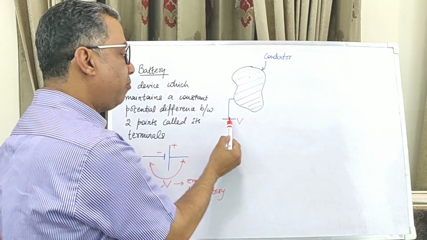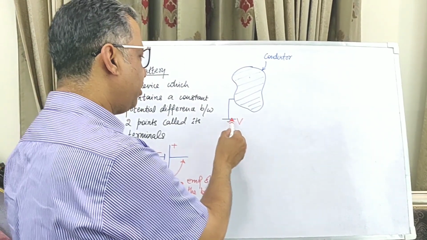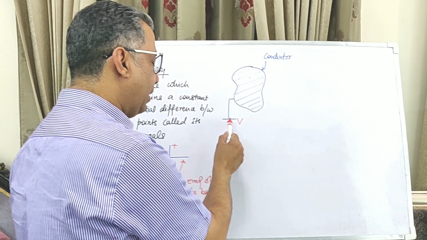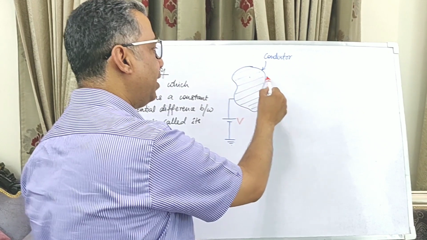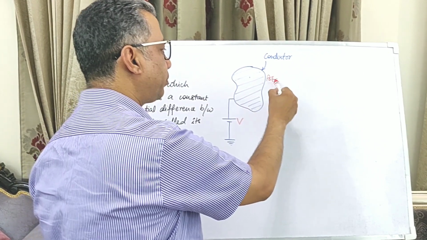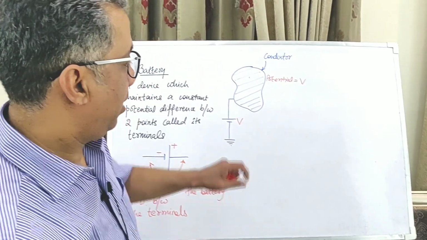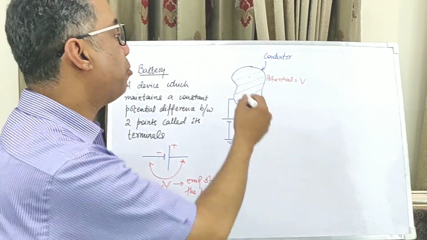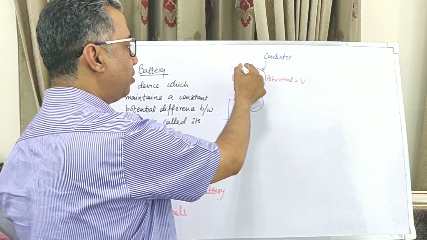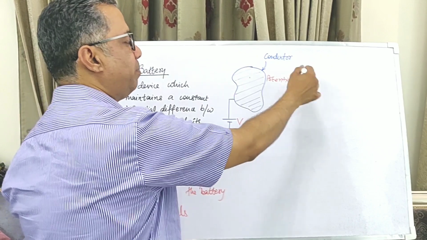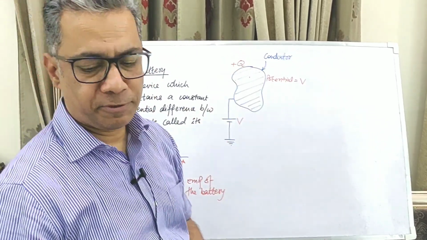And therefore the potential of the positive terminal is V, and therefore since the positive terminal is connected to this conductor, its potential is also equal to V. Now, since this conductor has a potential, it must have some charge as well. And since the potential is positive, the charge is positive too. So it has a positive charge on it.